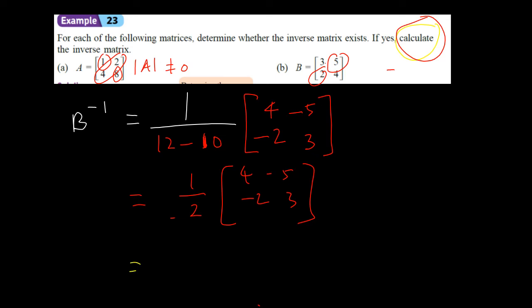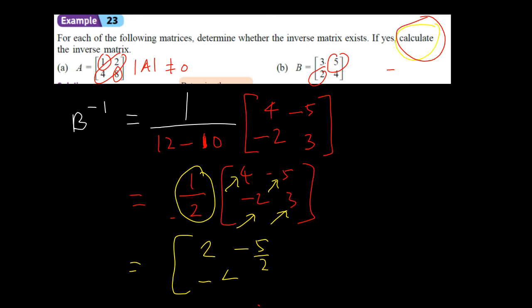Then you multiply every element by 1 over 2. 1 over 2 times 4 is 2. 1 over 2 times negative 5 is negative 5 over 2. 1 over 2 times negative 2 is negative 1.